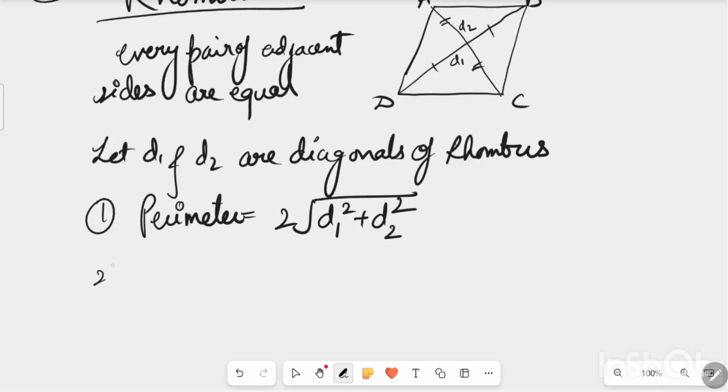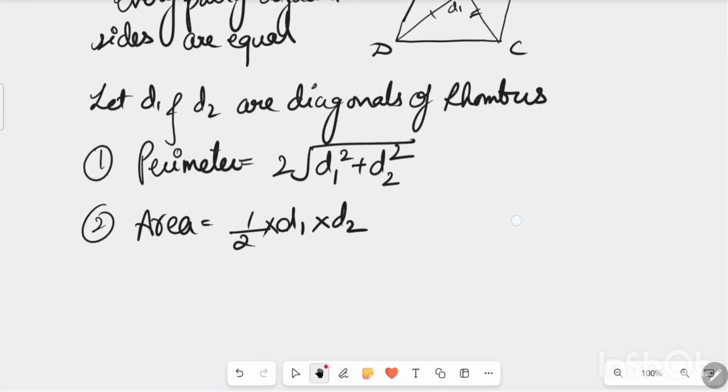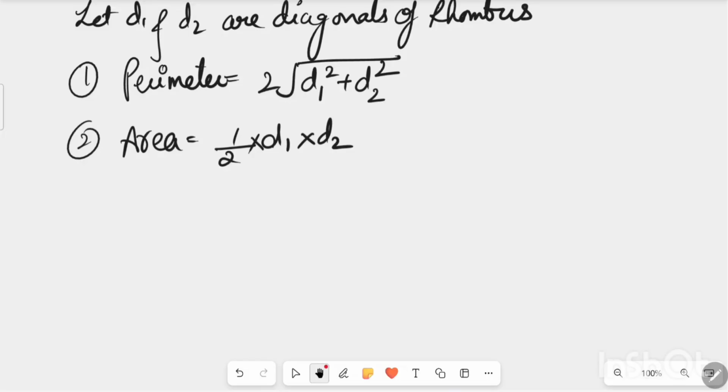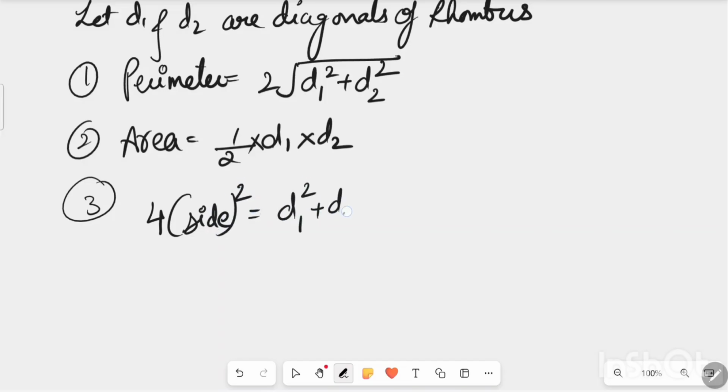Area of rhombus will be half D1 into D2. And number 3 is 4 times side square equals D1 square plus D2 square.